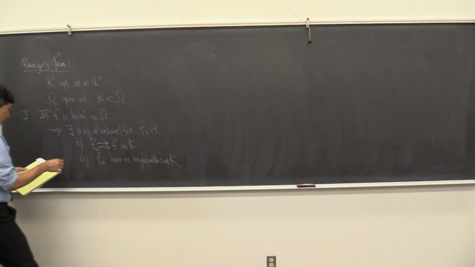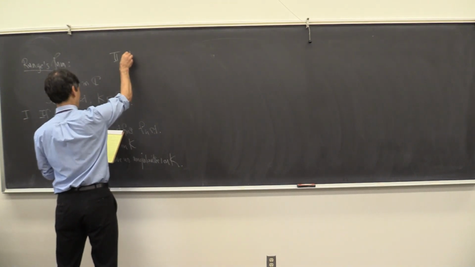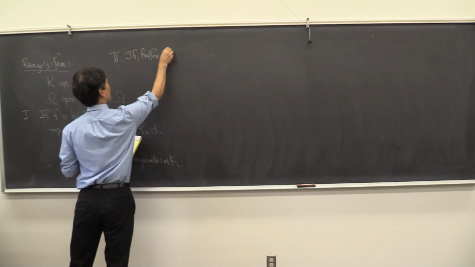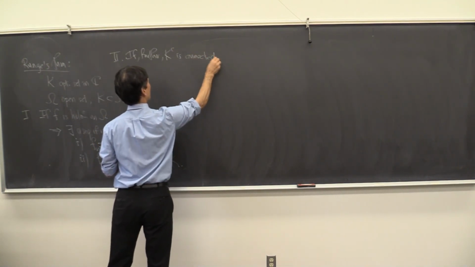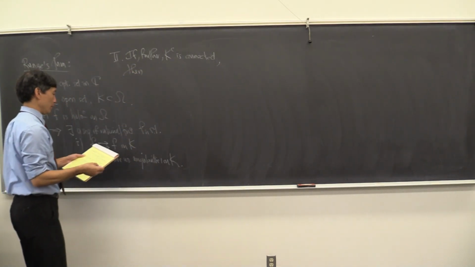And then part two: if further K complement is connected, then we can take those rational functions to be polynomials.